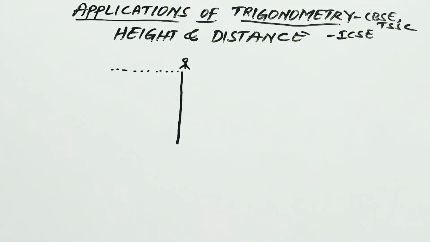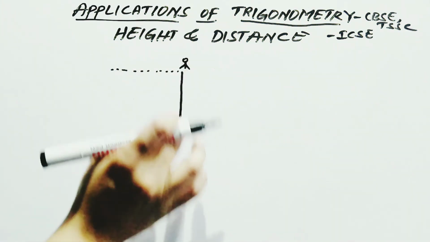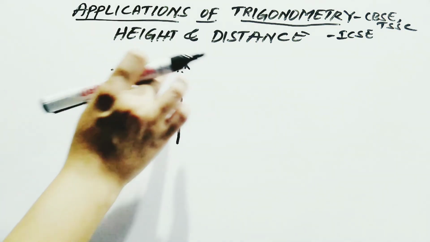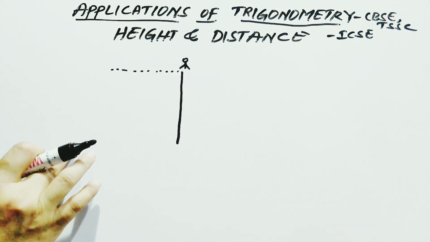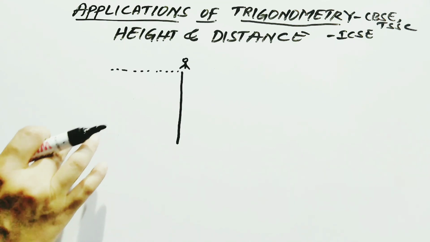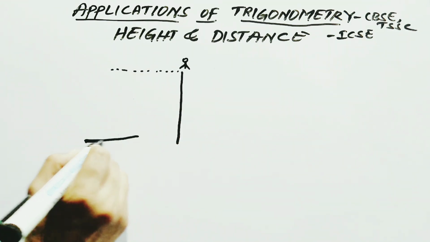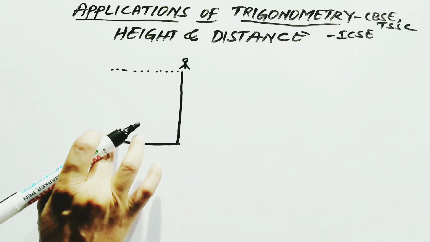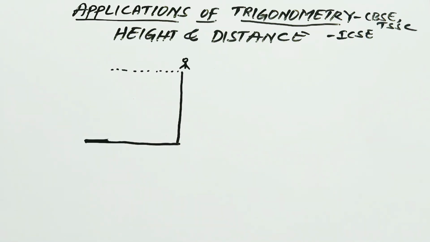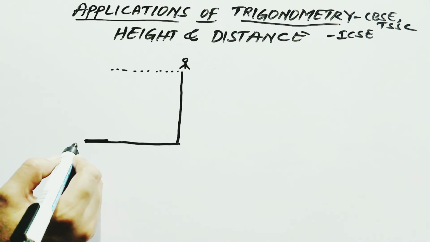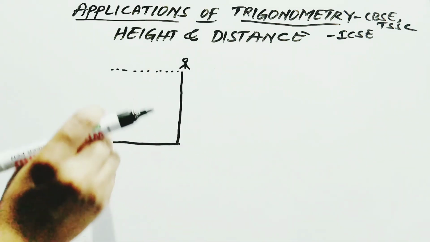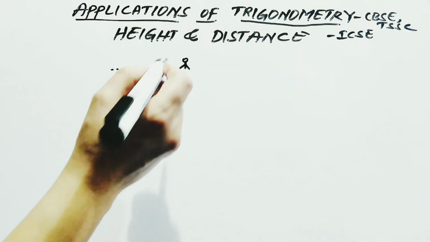If a person is standing at the top of the tower and he is seeing the ground, suppose this is your ground level. A person is seeing the bottom of the building, that is on the ground.